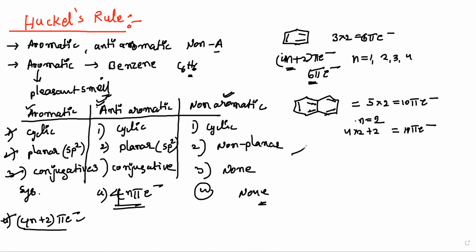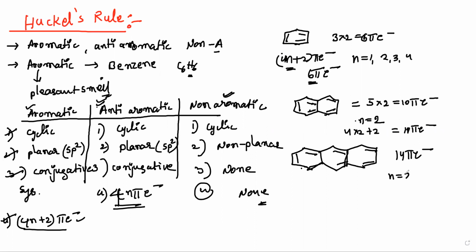The next one, in this case, 3 benzene rings are present. This molecule is an anthracene molecule. How many pi bonds are there? 7 pi bonds, 7 twos are 14 pi electrons. All rules are applicable.